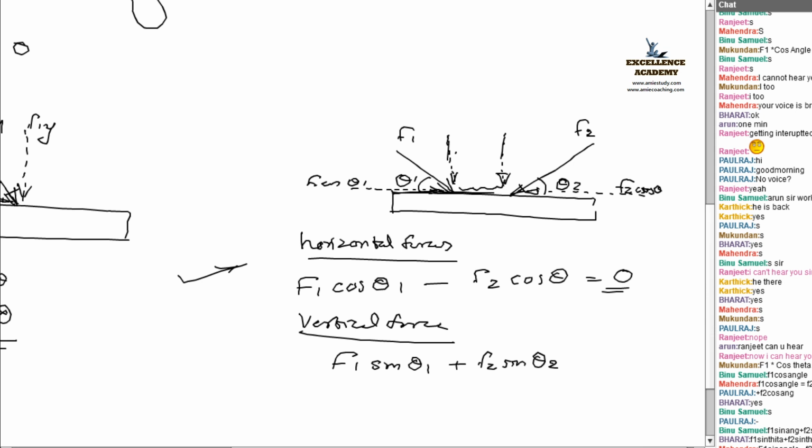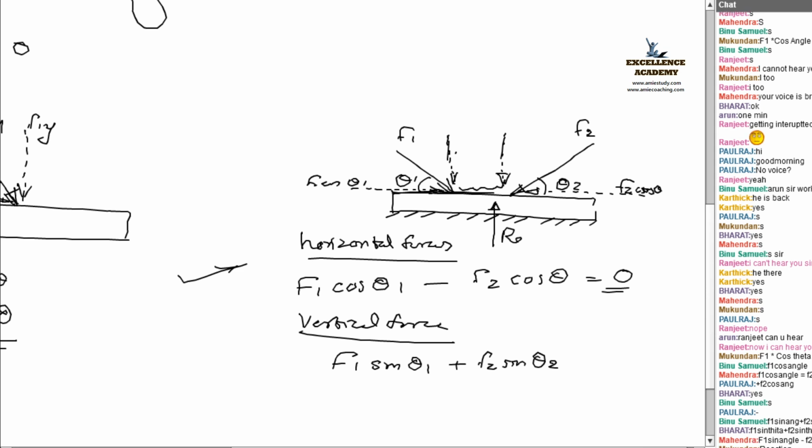Then what is the other thing coming against this? It is resting on a floor, so some opposing force from the floor will also be there. That is the reaction force.